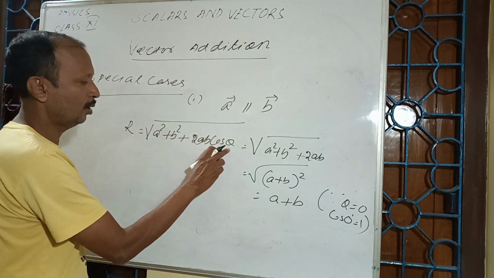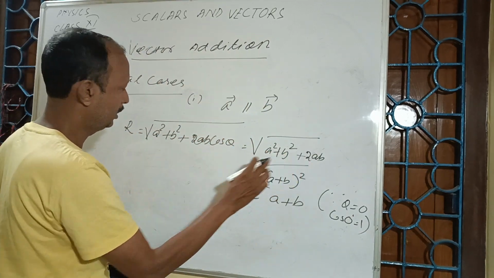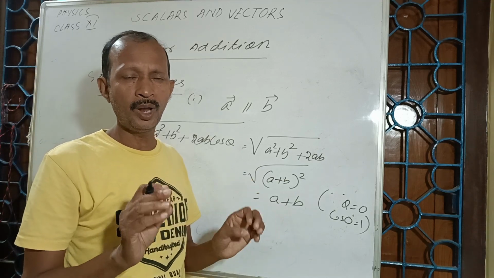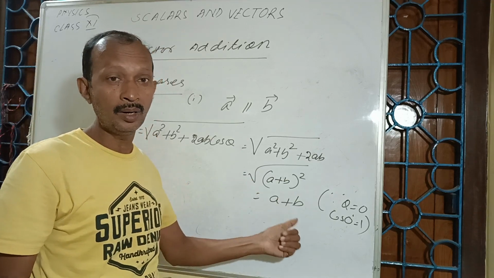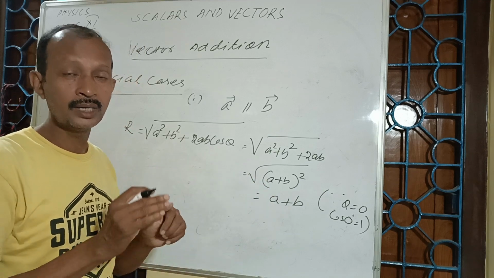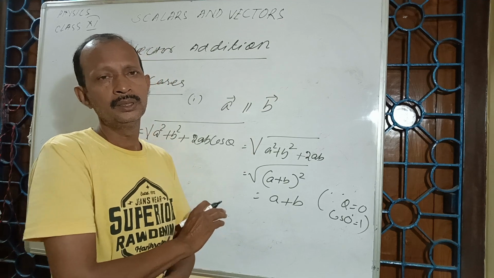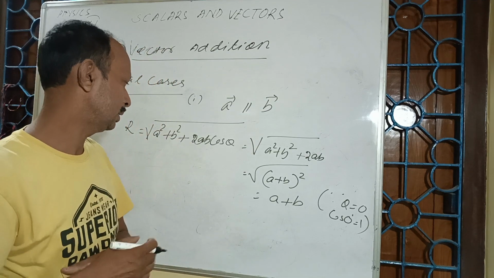In place of cos 0 degree, I have mentioned 1. That means R is equal to A plus B. The resultant vector is simply the addition of the two given vectors.